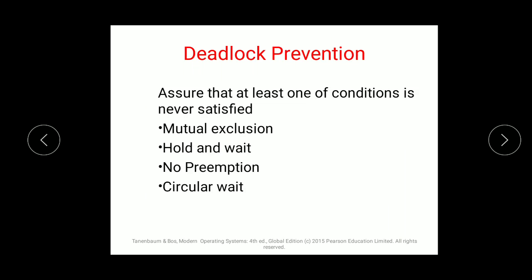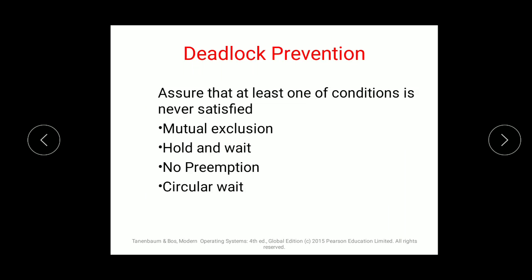Next is again a main question which is asked frequently in exams: write the steps or the conditions for deadlock prevention. They look the same, but the explanations for the conditions for deadlock to occur and for prevention are different.